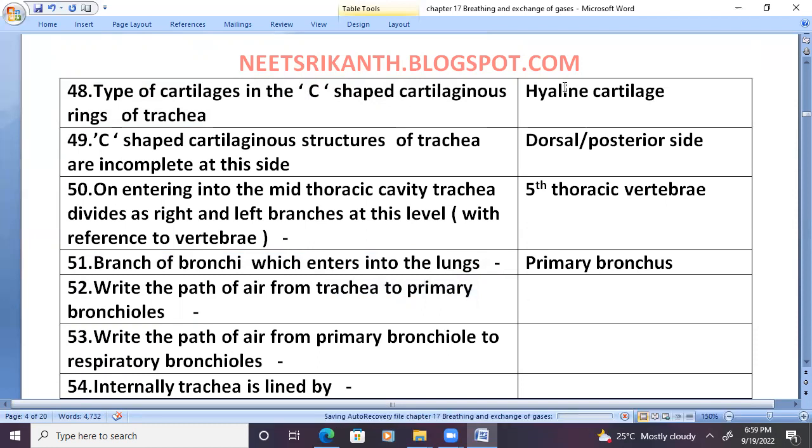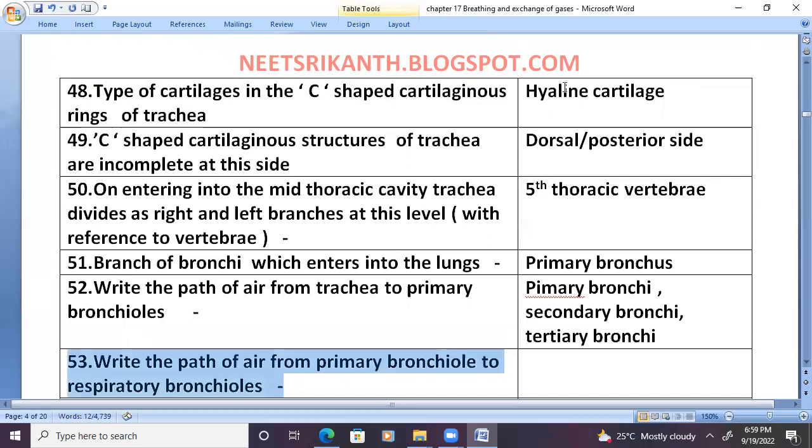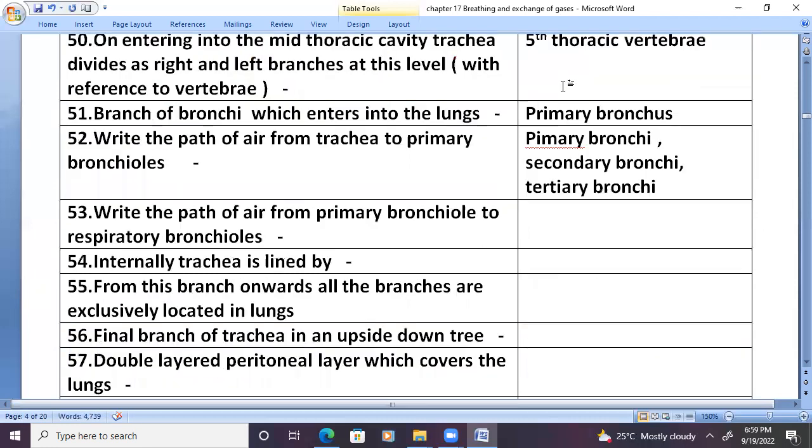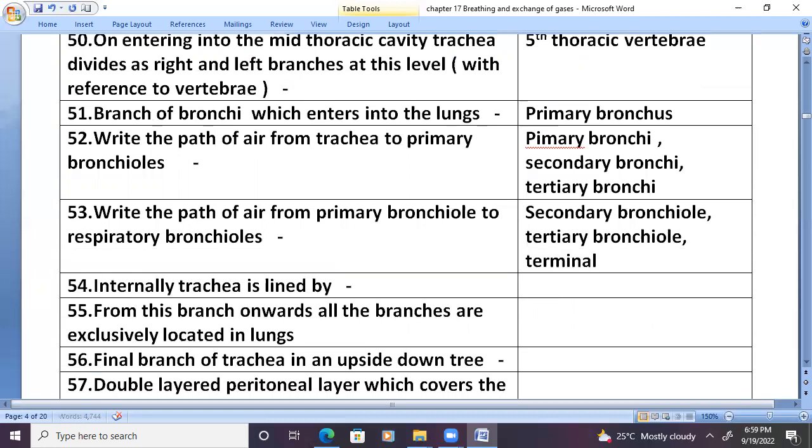Write the path of air from the trachea to the bronchioles. The trachea branches into primary bronchi, then secondary bronchi, then tertiary bronchi. Then the primary bronchiole branches into the secondary bronchiole, then the tertiary bronchiole, terminal bronchiole, and respiratory bronchiole.